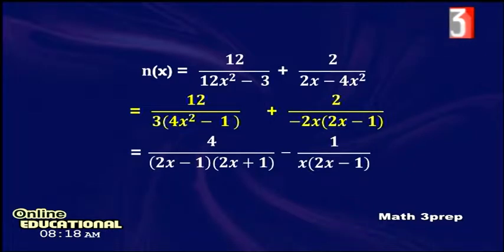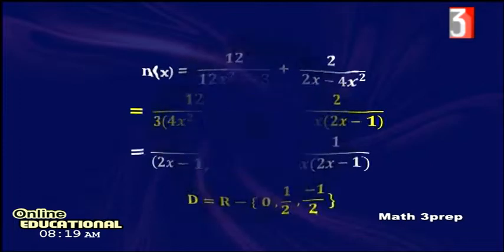Look carefully at the denominators. They are different, so make a common denominator. How? By multiplying them all together. But you are going to notice that 2x minus 1 is repeated, so it will be written only once. Then the domain will be R except 0, half, and negative half.